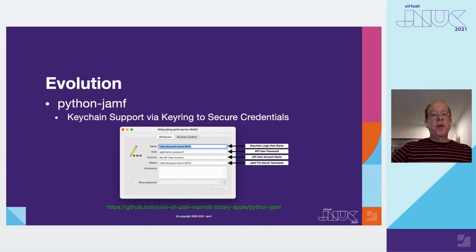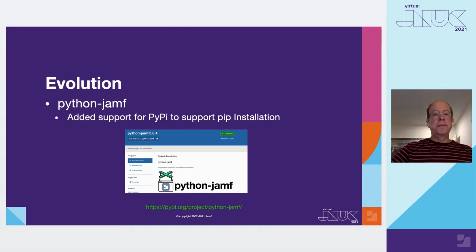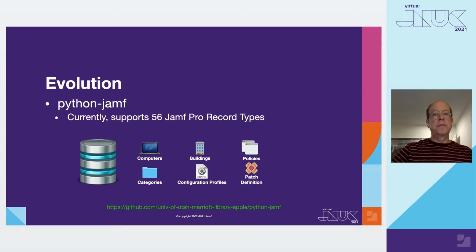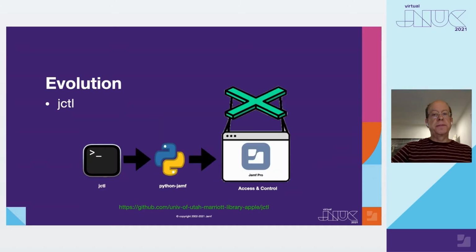We also added support for keychains for storing your Jamf Pro credentials using the Keyring Python project. Added support for PyPI to support pip installation of the tools. Currently, it supports 53 Jamf Pro record types and will continue to add more as the project continues.